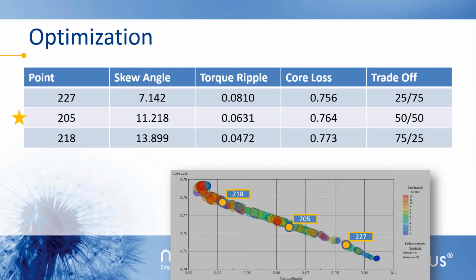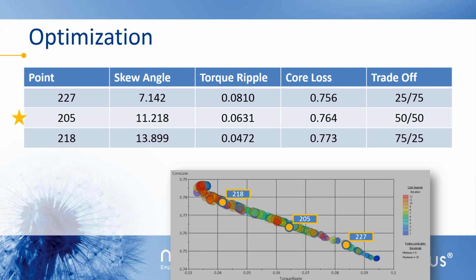Because this is a trade-off, where each of those points represents the lowest torque ripple for the lowest core loss, we selected 3 different points for a trade-off. Those points are 227, 205, and 218, and you get an approximate idea of where they're located on that Pareto front.